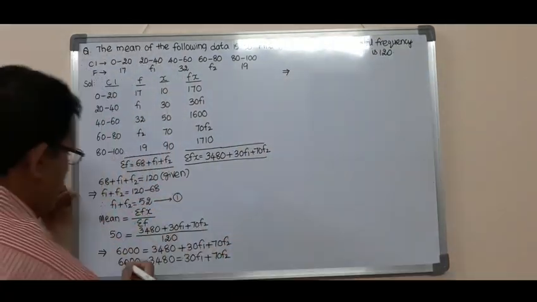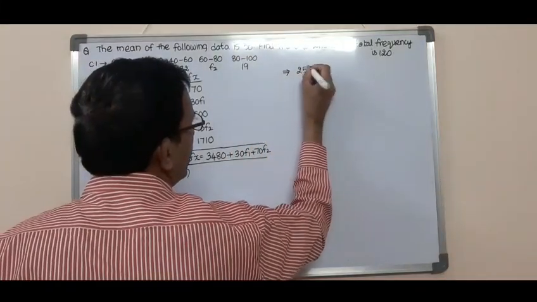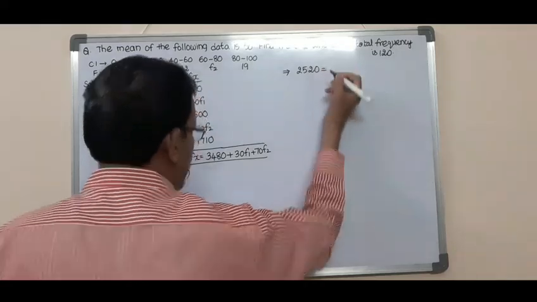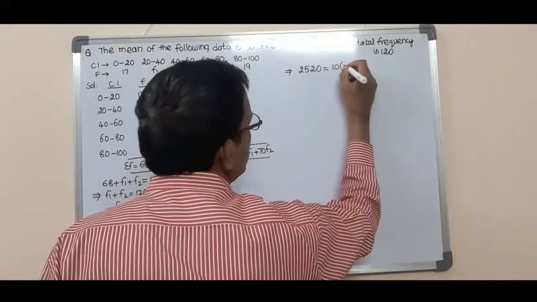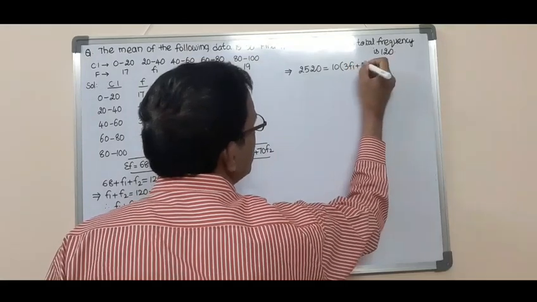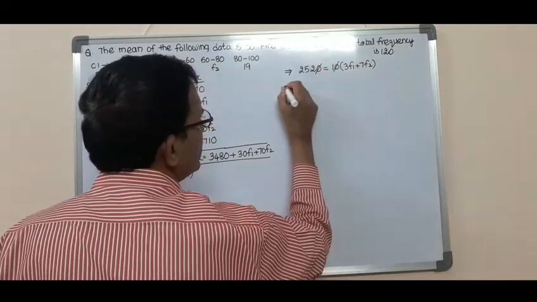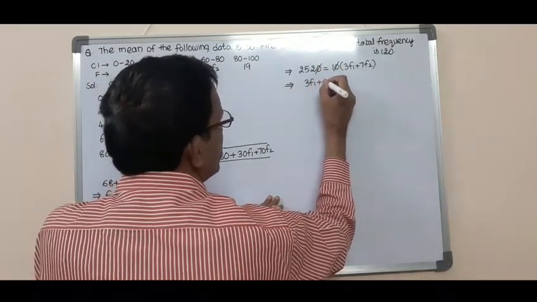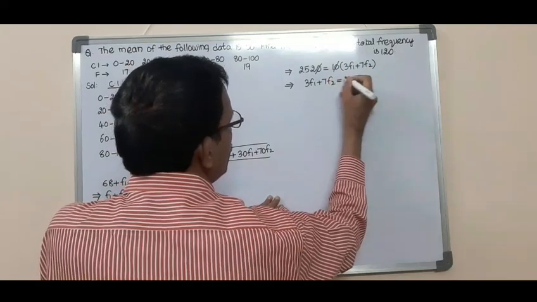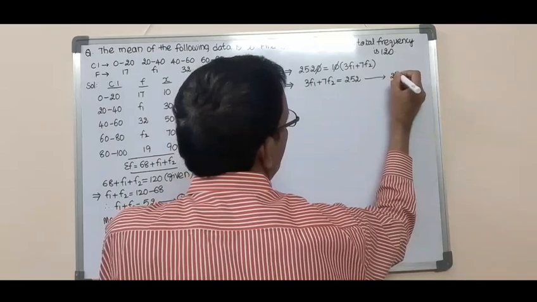That is 2520, and taking 10 common, 10 of 3 f1 plus 7 f2. The 0 cancels, implies 3 f1 plus 7 f2 is equal to 252. This is equation 2.